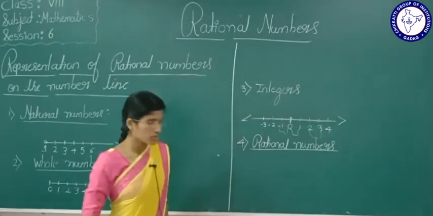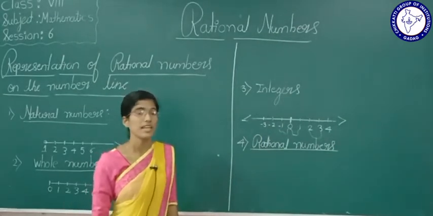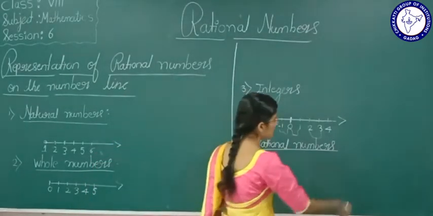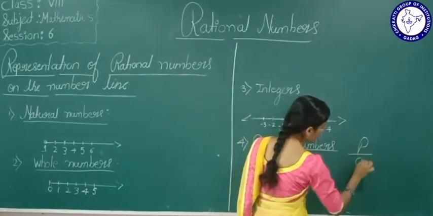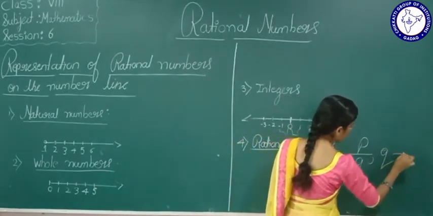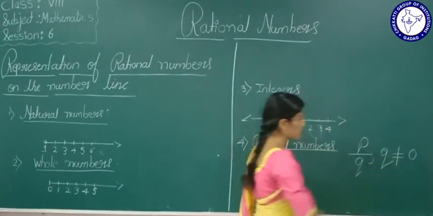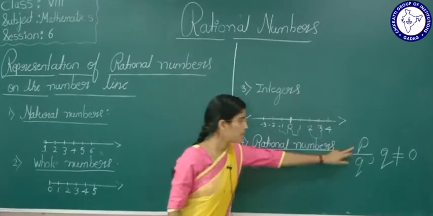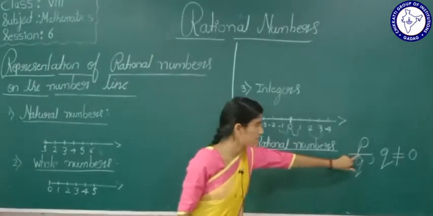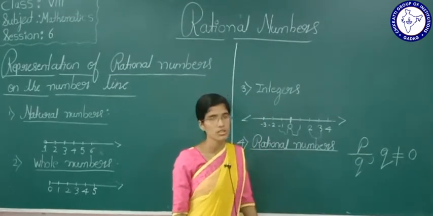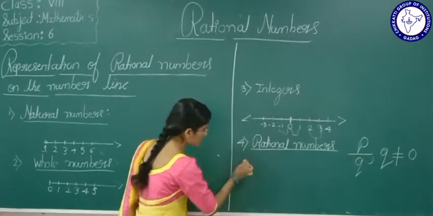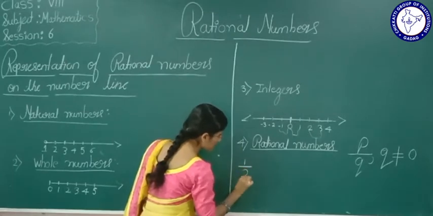You know what is the definition of a rational number? Any number which can be expressed in the form of p by q, where q should not be equal to 0. Here p and q are integers and q should not be equal to 0. Now suppose I want to represent 1 by 2.